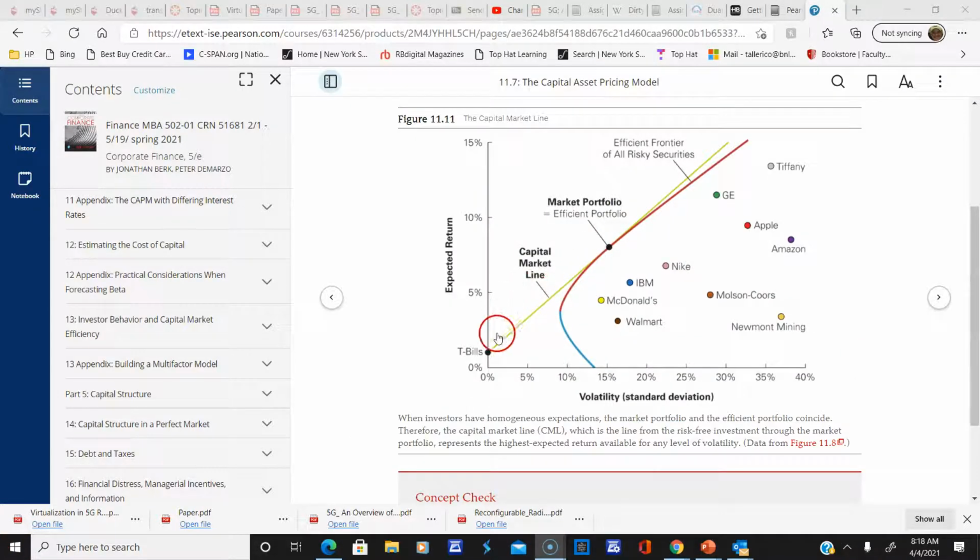Here is this equation, which is the capital market line, which intersects a curve here of the efficient frontier of all risky securities. You'll notice the intersection point here is basically the efficient point, the efficient portfolio. And again, this is basically the Sharpe ratio. This is the Sharpe ratio here.